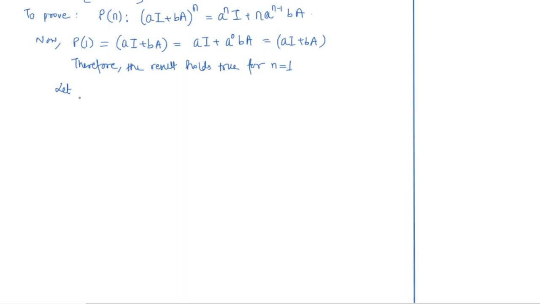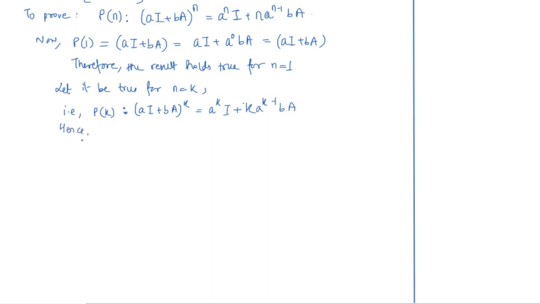So let it be true for n = k, that is P(k): (aI + bA)^k = a^k I + k a^(k-1) bA. Let it hold true for any k.